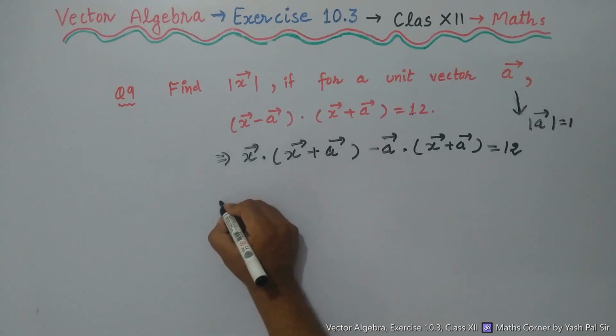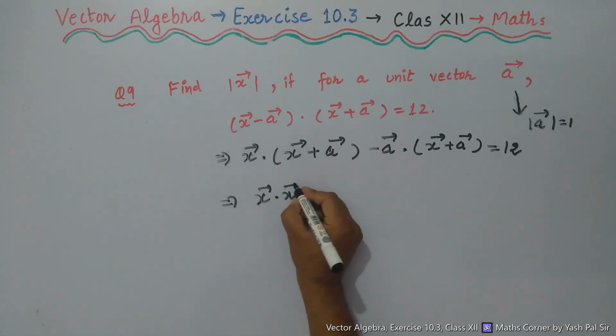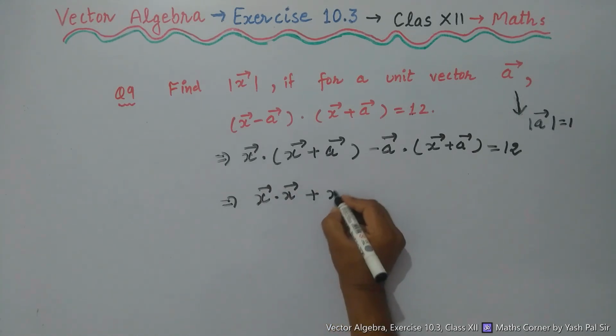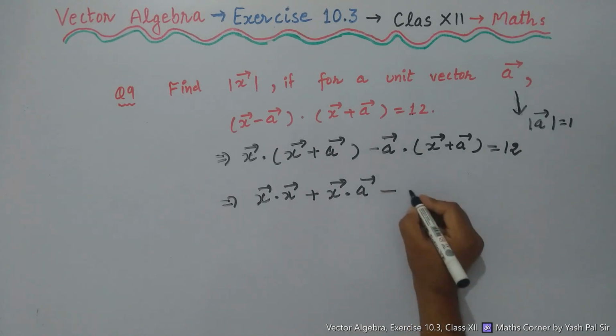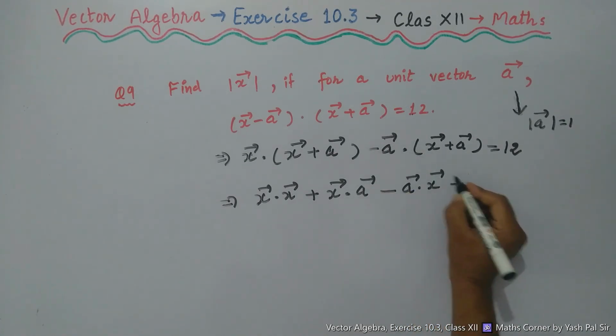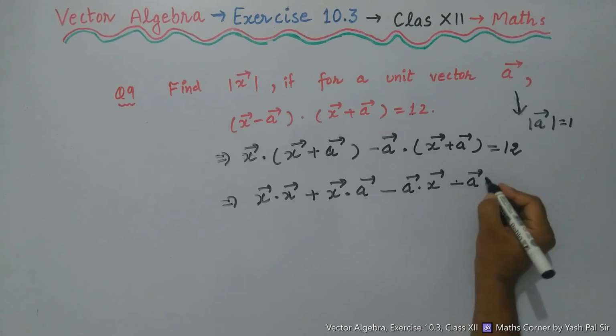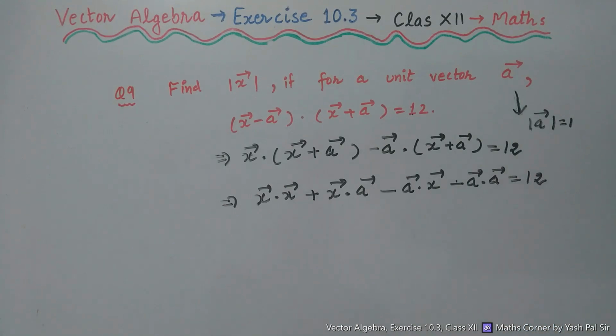So this becomes x dot vector x plus vector x dot vector A minus A dot vector x minus A vector dot A vector is equal to 12.